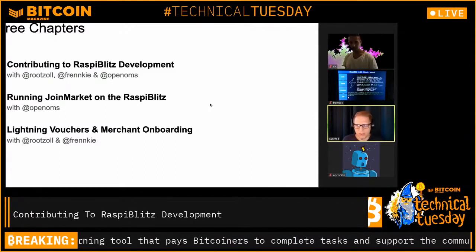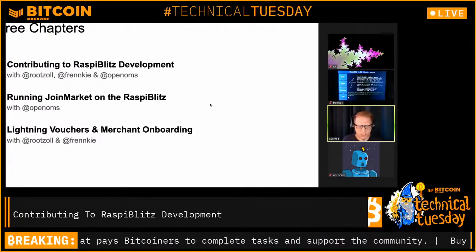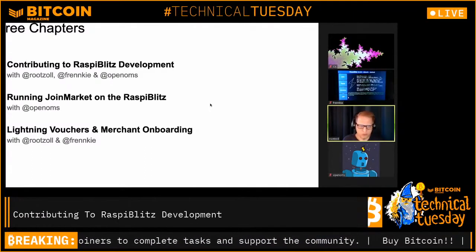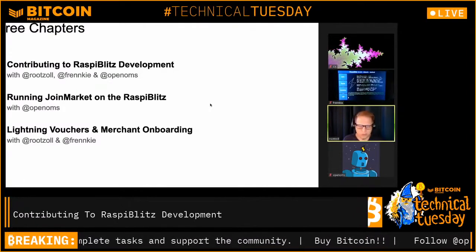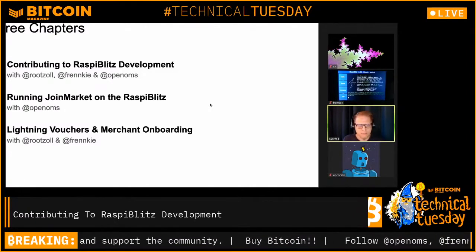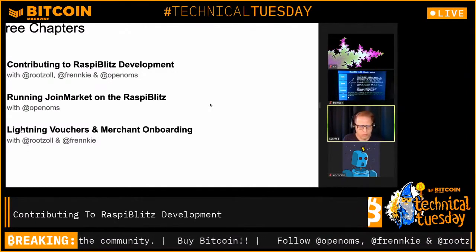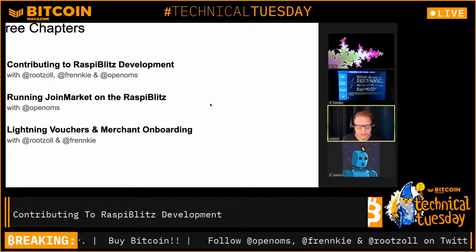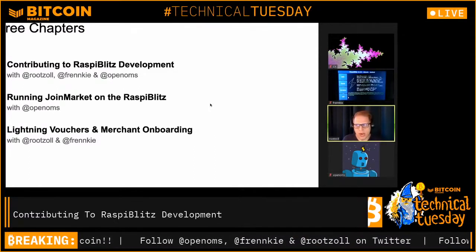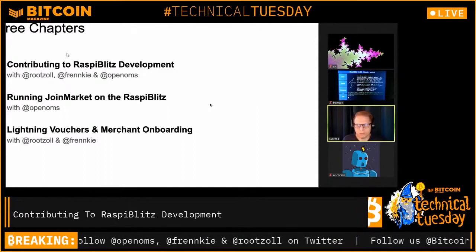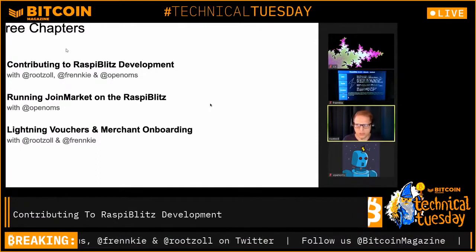The second part will be done by Open Arms. That's giving us a deeper look into Join Market. That's an app that you can run on the RaspiBlitz and have your market there. And there's a third part we want to highlight, a feature set that's quite new in development.